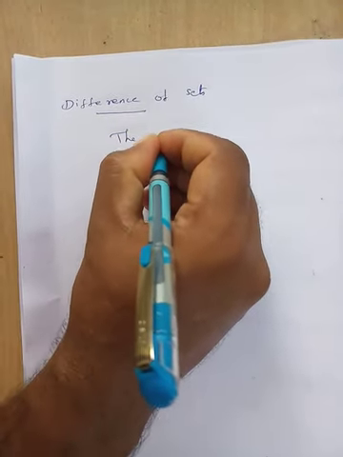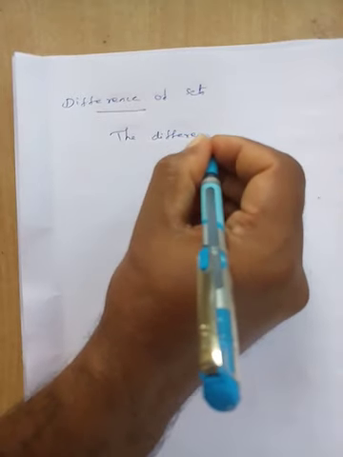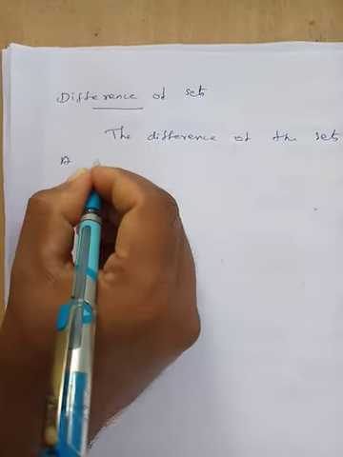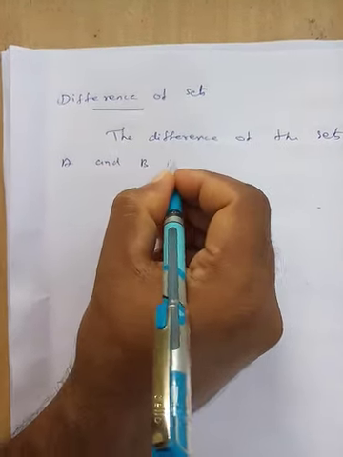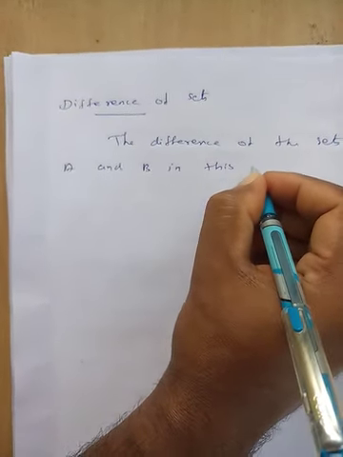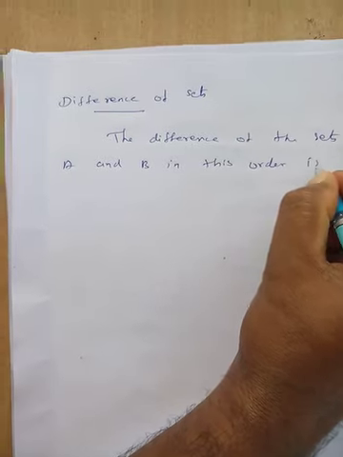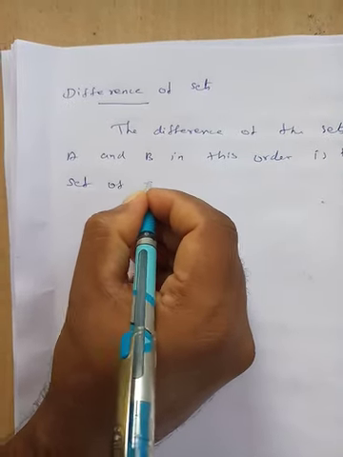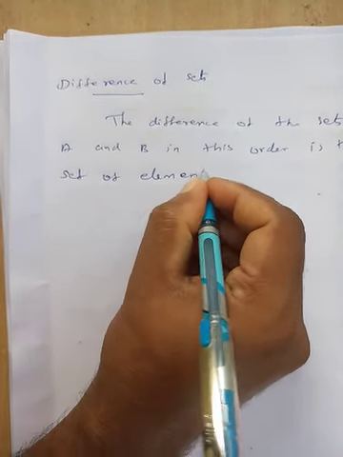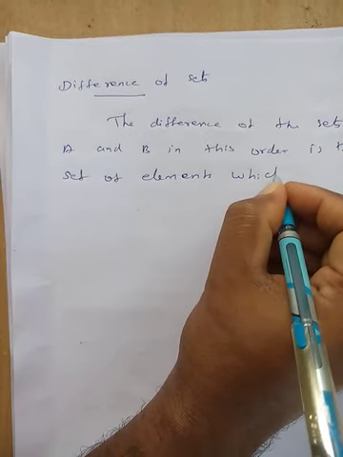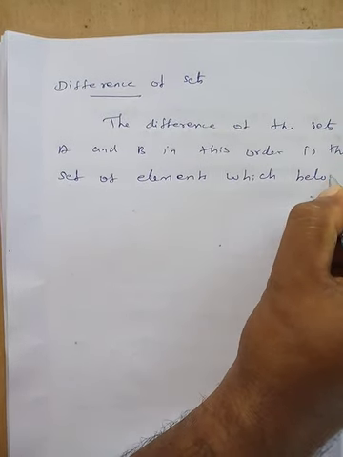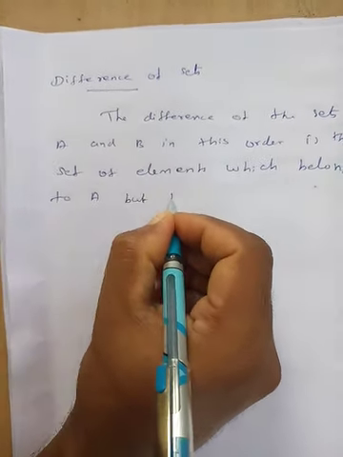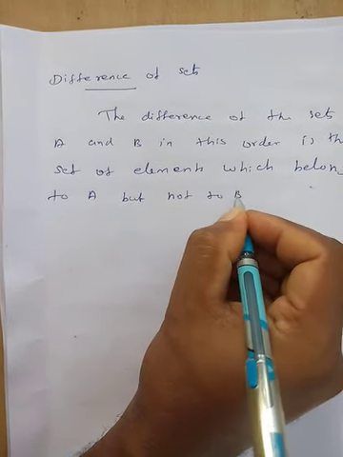The difference of the sets A and B, in this order, is the set of elements which belong to A but not to B.